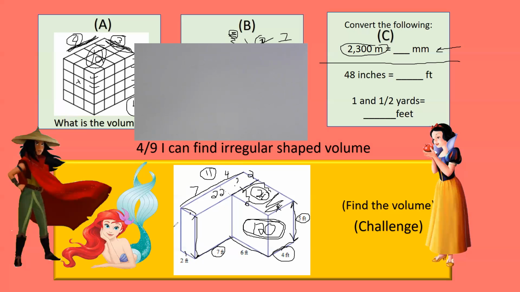Ooh, another missing number. This is missing, but it's equal to this, which is equal to this, which is equal to this, which is equal to this. Oh, it's 5. So 22 times 5 is 110. Well, how do you know that? Because 22 times 10 is 220. Half of 220 is 110.